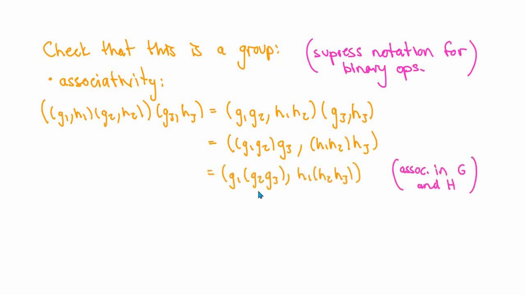Now, the key to verifying all the properties that you need to check to show that G cross H is a group is to use the corresponding properties in the individual groups G and H. So by associativity in G and in H, I can move the parentheses over in each of the components here, and then I can trace backwards through the analogous steps to show that this element of the Cartesian product is what I would get by multiplying the three original elements together with the parentheses on the right. Therefore, the binary operation that we define on the Cartesian product of G with H is an associative operation.